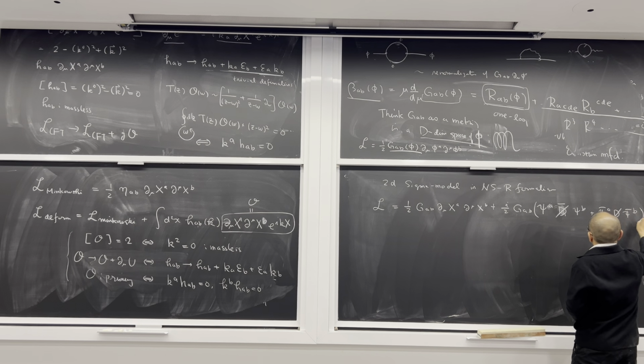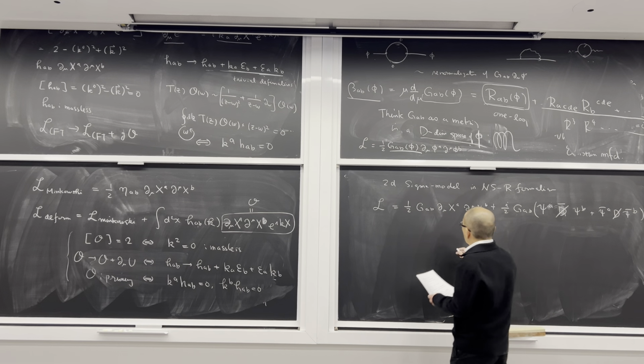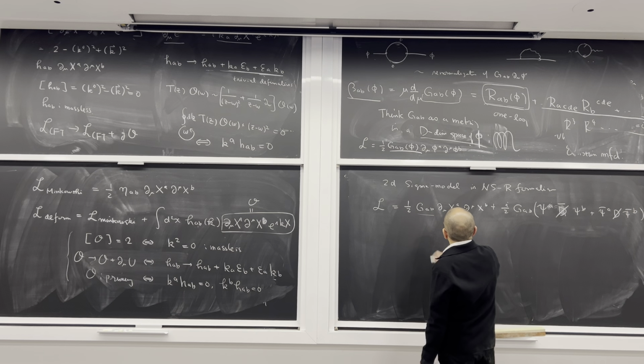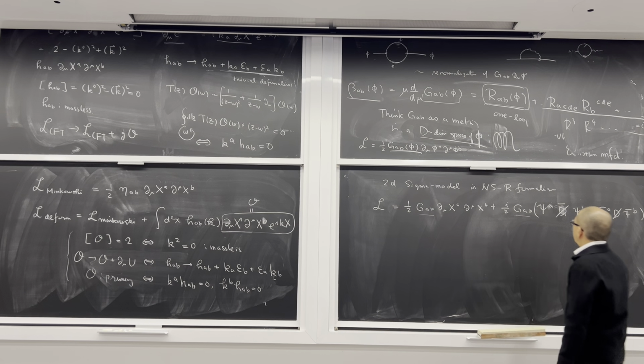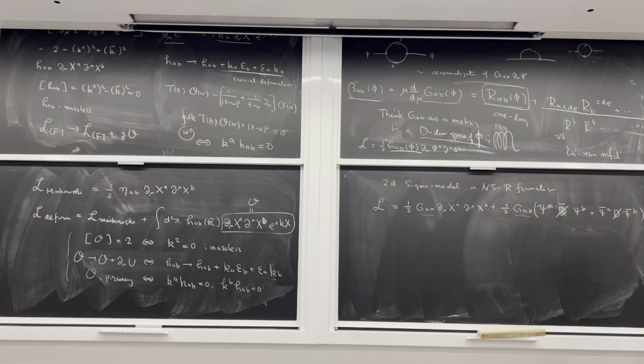These are the left mover and right mover fermions. So this is a natural thing: you have a kinetic term for both the fermions and the scalar field.